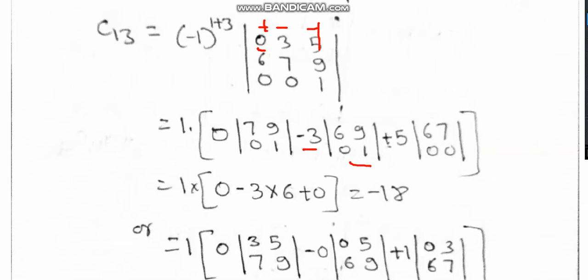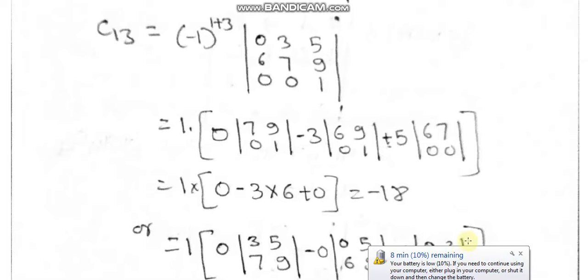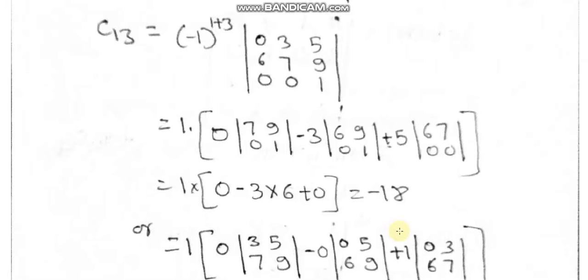Okay. So here I have explained regarding the cofactors. It was asked for the first row. I can even do it if it is not asked for the first row. I can do it for the first column also if you want, or I can even do it the other way round.